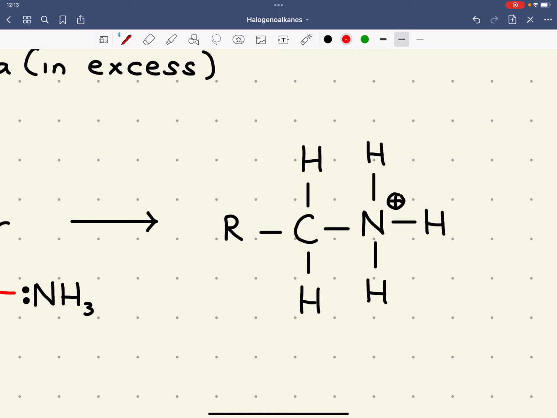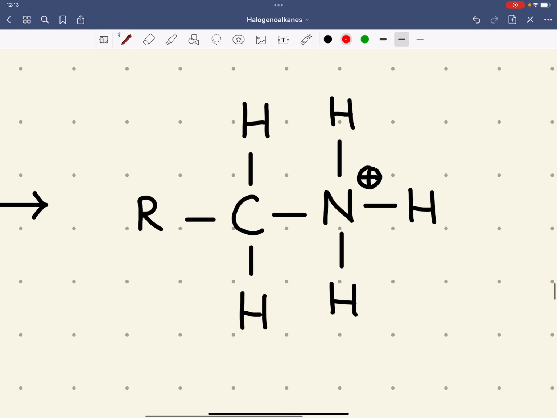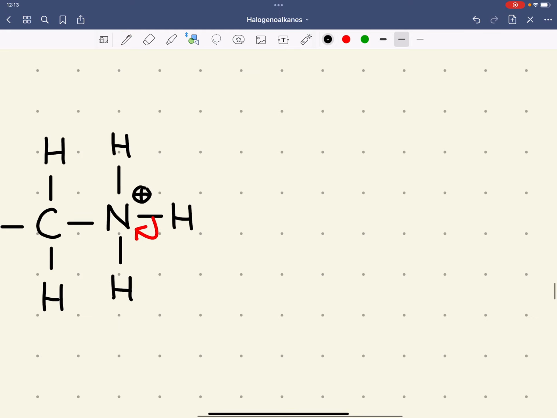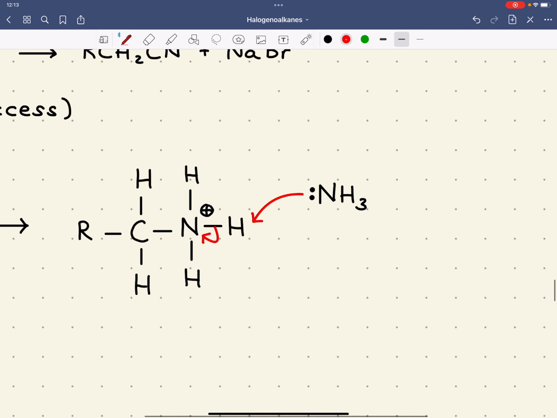And then what happens is one of these nitrogen-hydrogen bonds breaks, and that gives this nitrogen its lone pair back. And what is actually pulling this off is another ammonia molecule. This is not a marking point, but what is actually happening is you form a new NH bond. This forms an ammonium ion, and then this gives this nitrogen here its lone pair back.